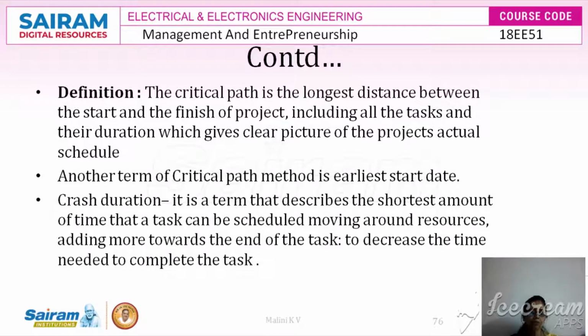How do we define the critical path method? The critical path is the longest distance between the start and the finish of the project. It includes all the tasks and their durations, which gives a clear picture of the project's actual schedule. This is the definition of the critical path in the critical path method.